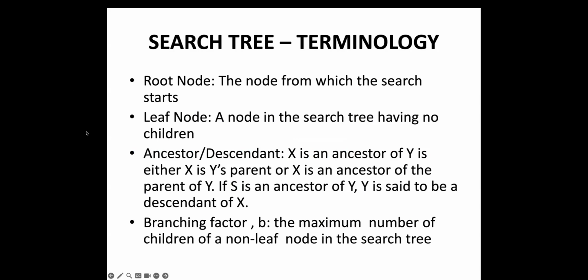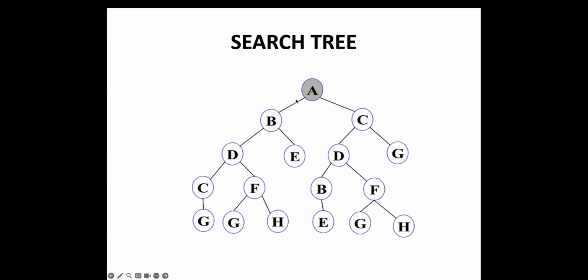Then ancestor or a descendant. An ancestor is a parent of a node. For example, the parent of B is A. So A is an ancestor of B, and B is a descendant of A. G is a descendant of A. Why?